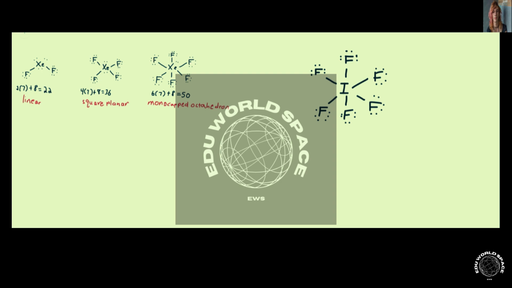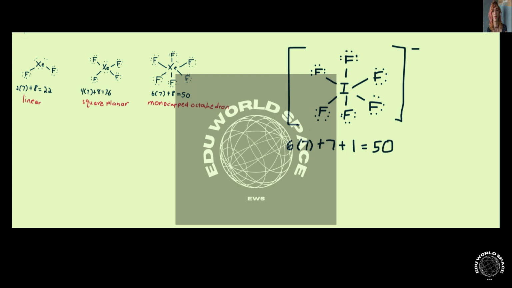Oh, and don't forget, this is all negatively charged with a minus charge. So we have 6 fluorines, and we have 1 iodine. Then we add 1 electron for the negative charge. And that's going to be 50.